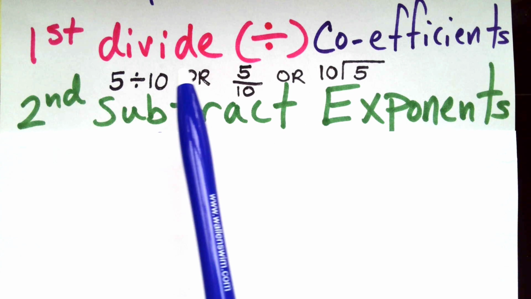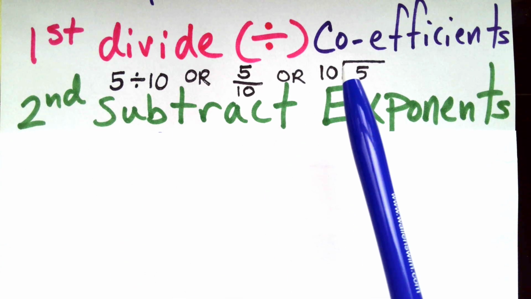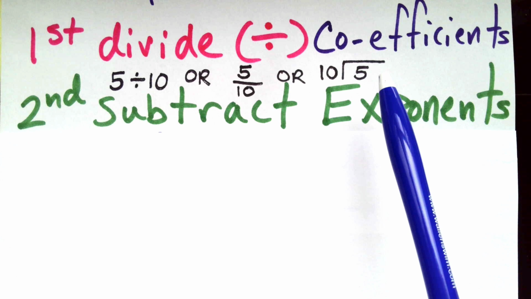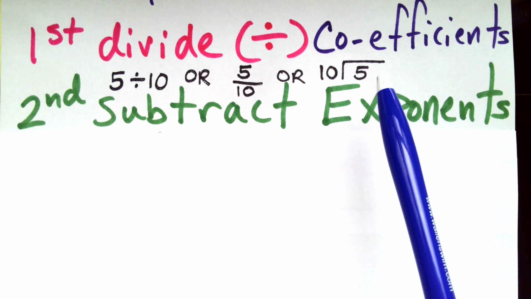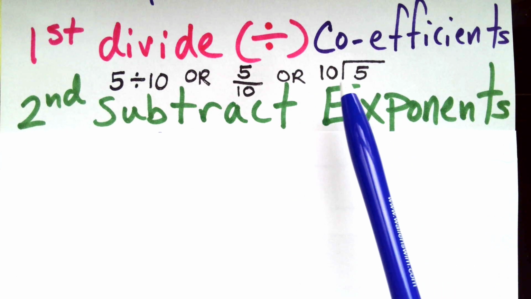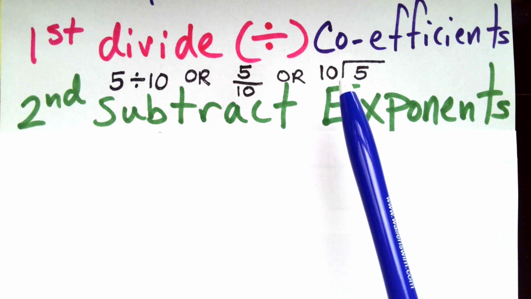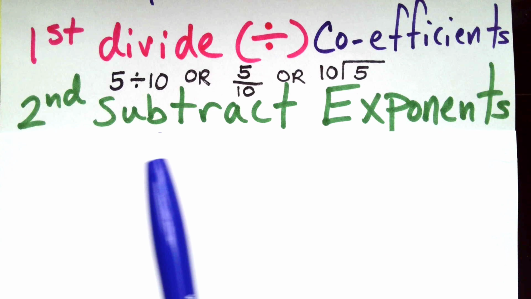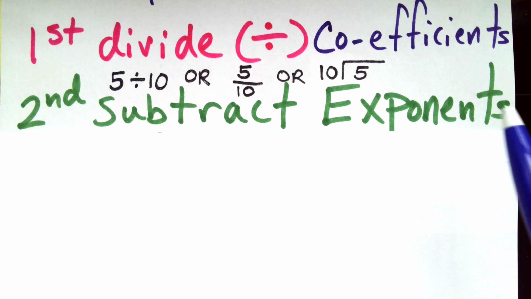These are different ways to show division. Now, I will show you in two of these examples, at least, maybe more, how to do long division step by step. All right, so the first step, you divide your coefficients. Second step is to subtract the exponents.